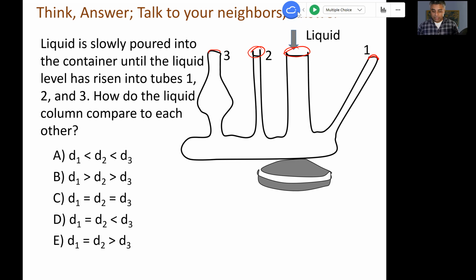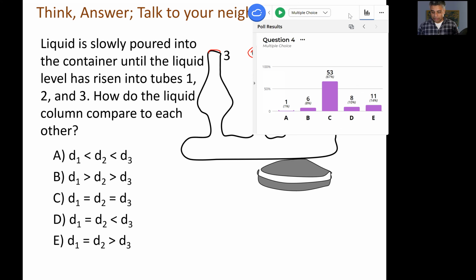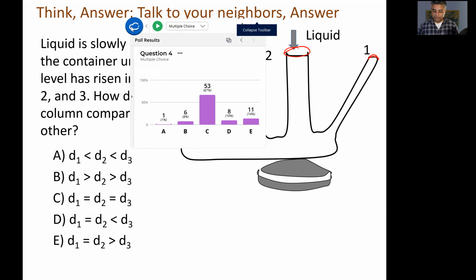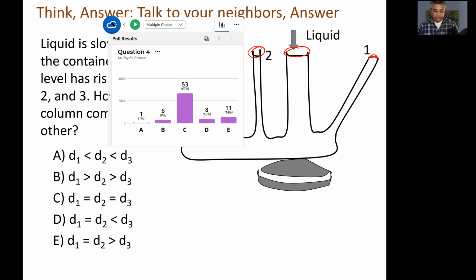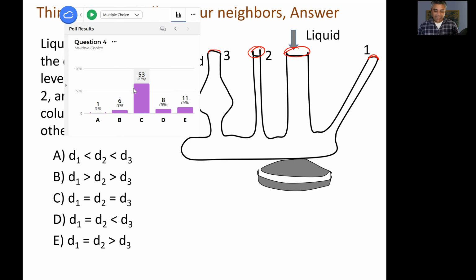Okay, what we got? So mostly C, but there are others as well. So if I'm thinking C as the correct answer, why? How do I justify that as a correct answer?